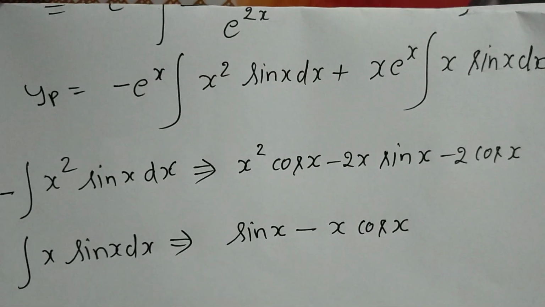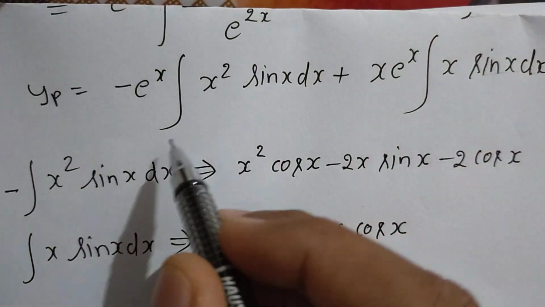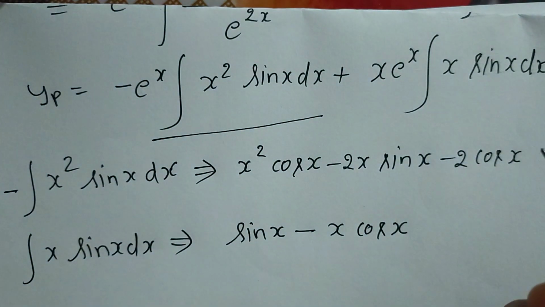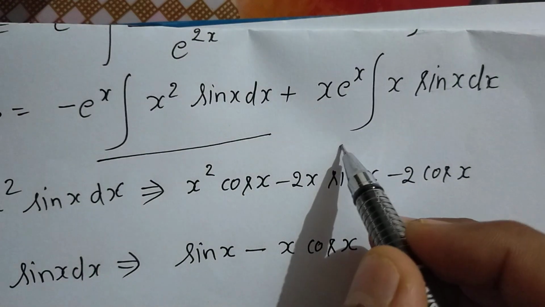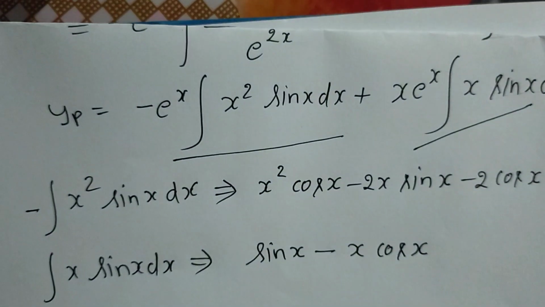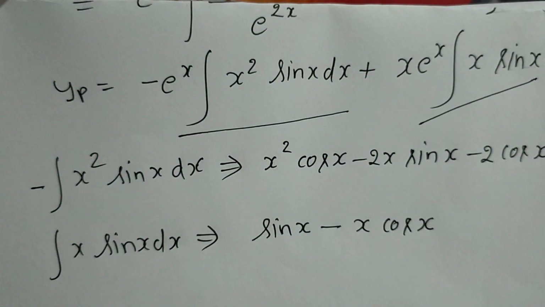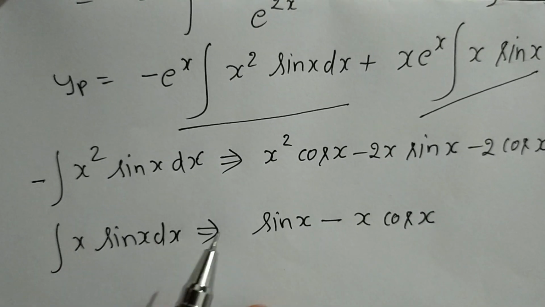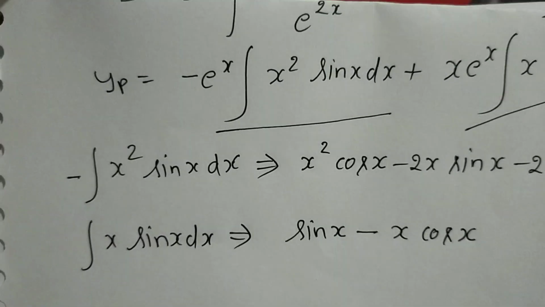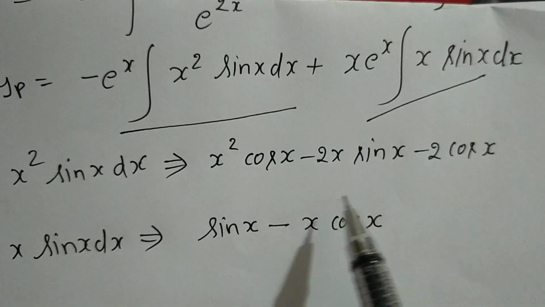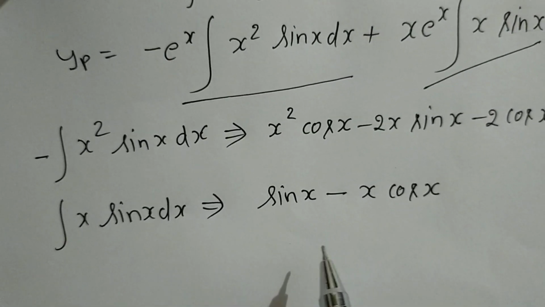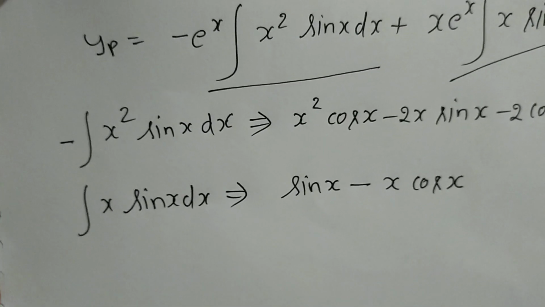Now this yp has two parts. One is the integral of x square sin x, and the second one is the integral of x sin x. So we can integrate using integration by parts. So the integration of x square sin x dx equals, with negative sign, x square cos x minus 2x sin x minus 2 cos x, and the integral of x sin x is sin x minus x cos x.